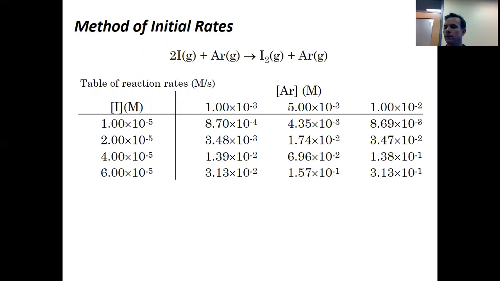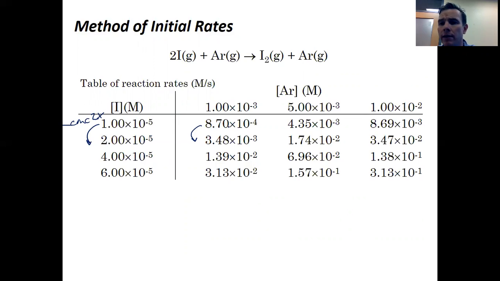Okay. So let me show you. If I go from here to here, the concentration doubles. If I look at these two, this is 8.7 times 10 to the minus 4.